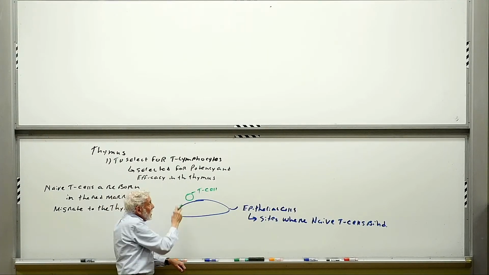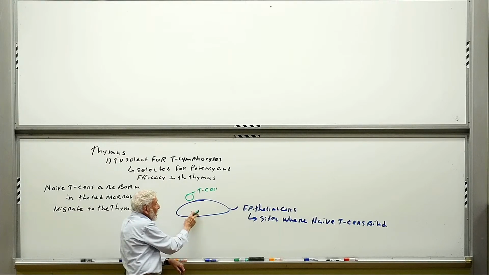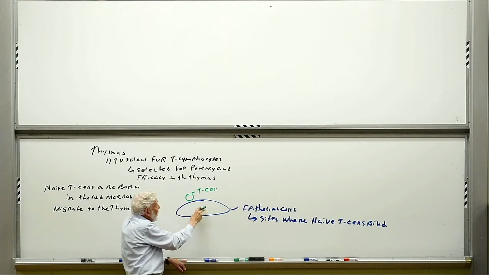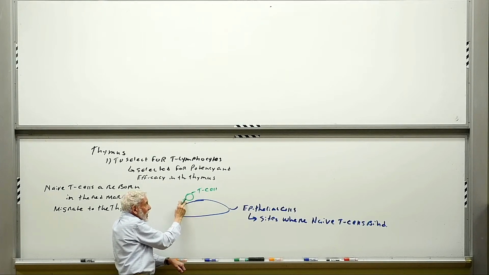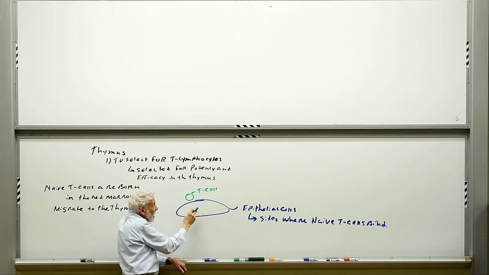And if the T cell says, no, I don't have any proteins on my surface that can recognize proteins at all, then the epithelial cell says, you're useless, go die. Now, in fact, what happens is the epithelial cell recognizes the T cell, and if it doesn't recognize transmembrane proteins that will recognize proteins, it denies growth factors to the T cells. That induces the apoptotic machinery in this naive T cell, and it dies.